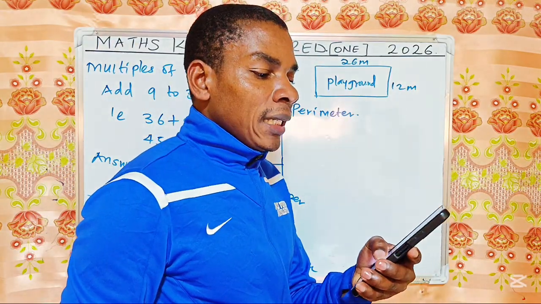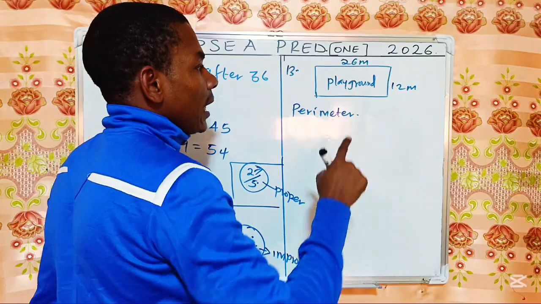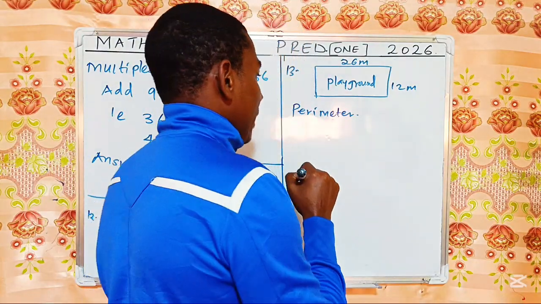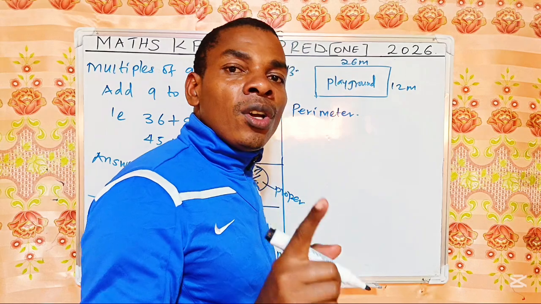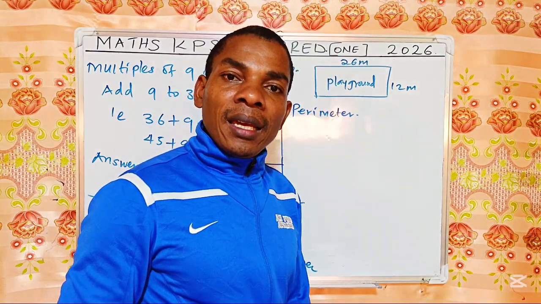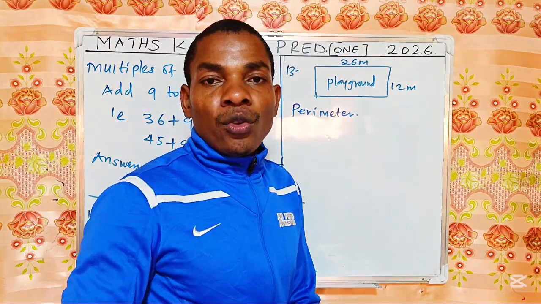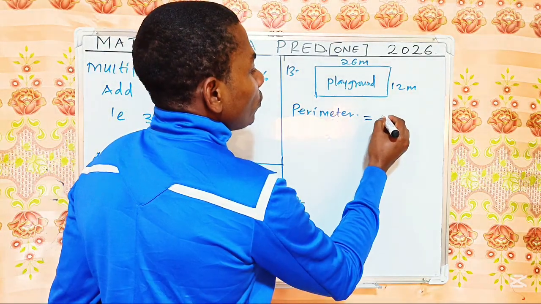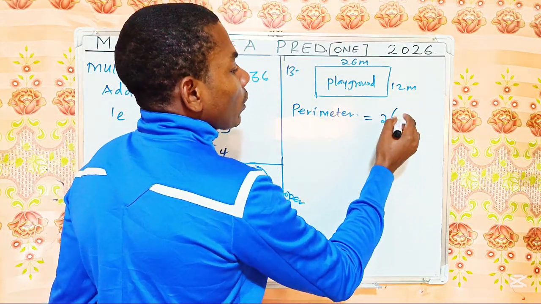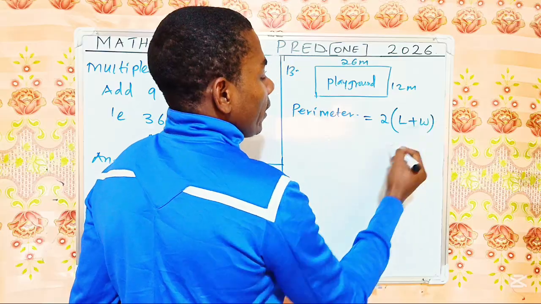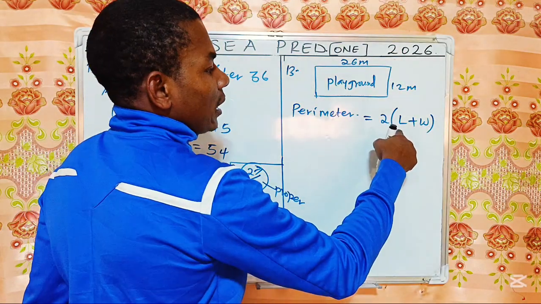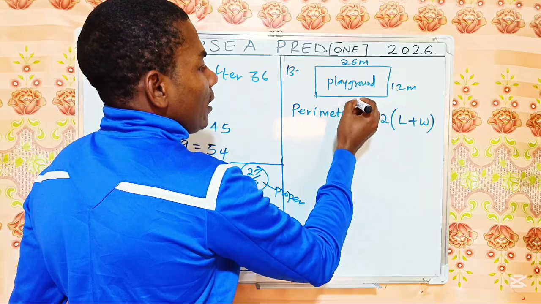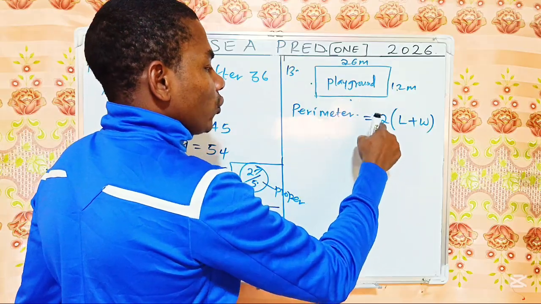We are told John ran around this playing ground twice. So what are you supposed to do? You find the perimeter, then you double it because he ran twice. So perimeter is equal to 2 into bracket length plus width. Do you know why we have said this? Because this is length, width, again length, width, so we put 2.